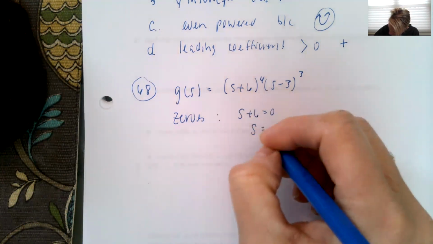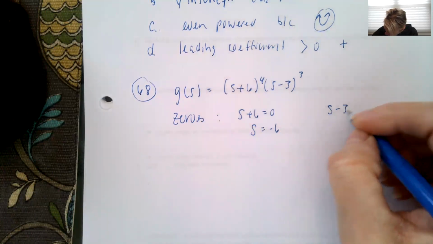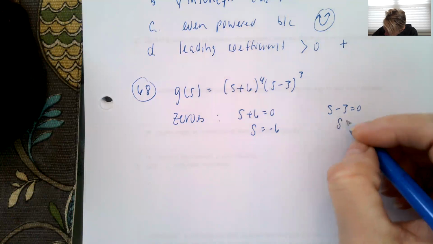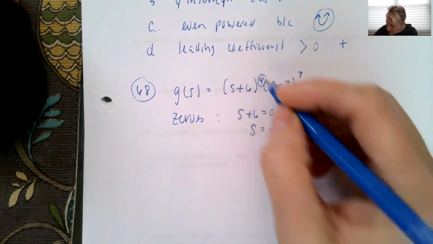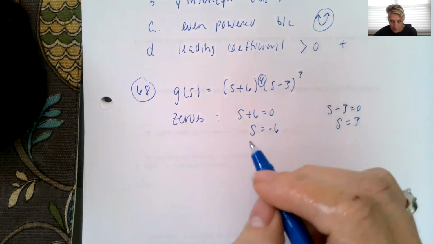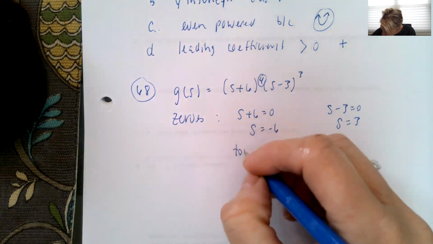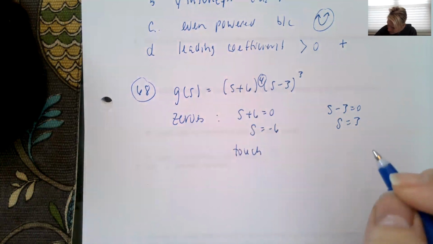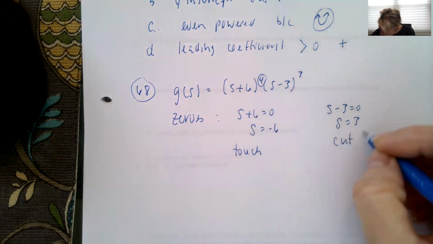So that would be at negative 6. And then s minus 3 equals 0, which is s at a positive 3. And because this is even, okay, it's going to touch. And because this is odd, it's going to cut through.